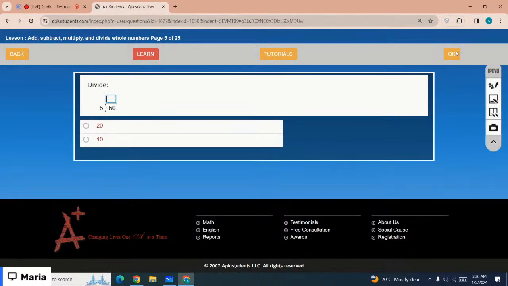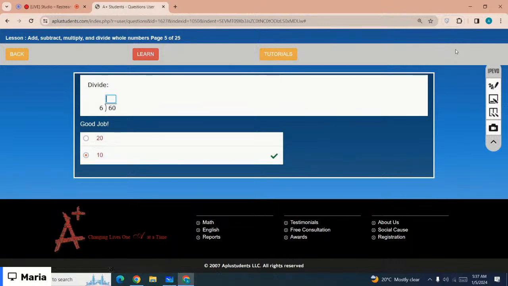Okay, you have to divide 60 divided by 6. Which is the correct option? That is 10, right? 6 times 10 is 60. So the correct option is 10. Okay, I'm waiting.